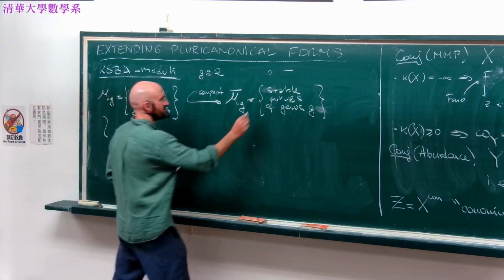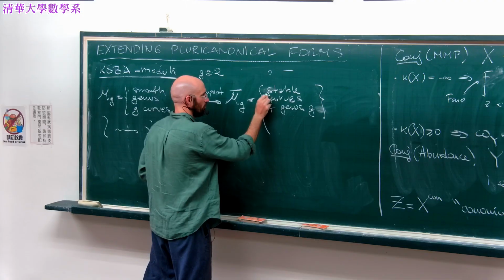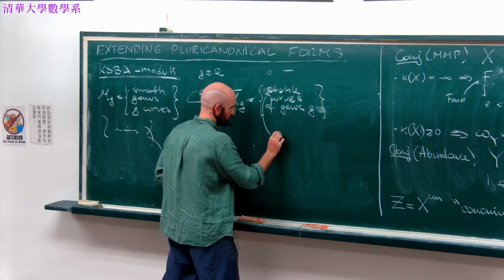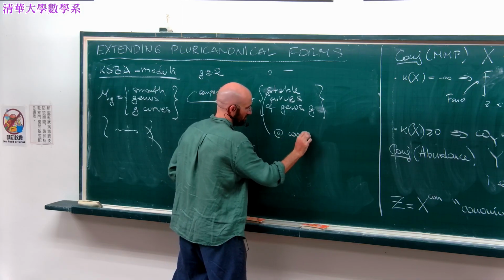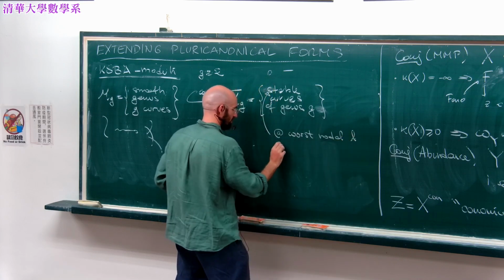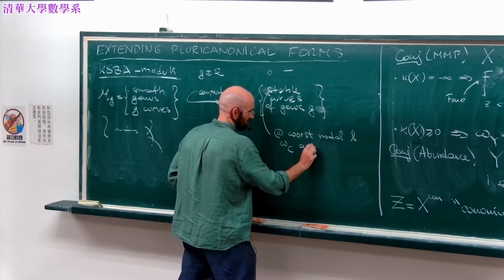And the adjective stable here is both a global and local condition. So stable curves here are curves that are at worst nodal and have omega_C ample.